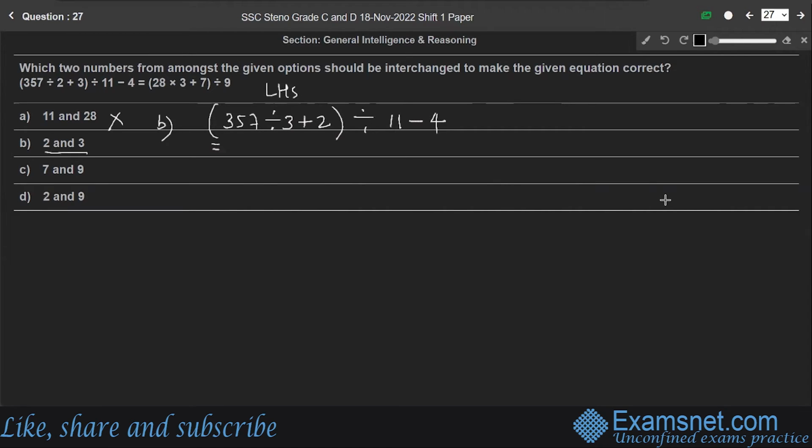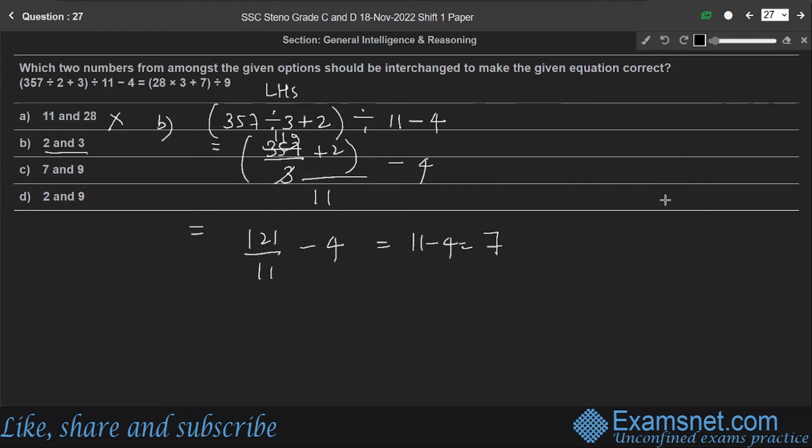According to the BODMAS rule, remove the bracket part first. 357 by 3 becomes 119, plus 2, right? Whole divided by 11 minus 4. So 119 plus 2 is 121, by 11, minus 4 is equal to 11 minus 4, which is 7. So the left hand side is 7.